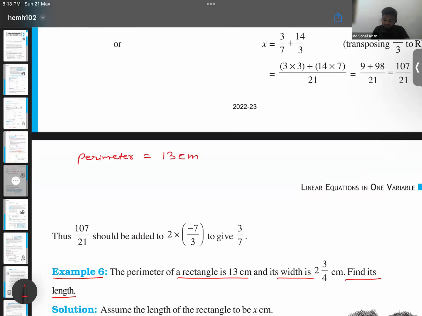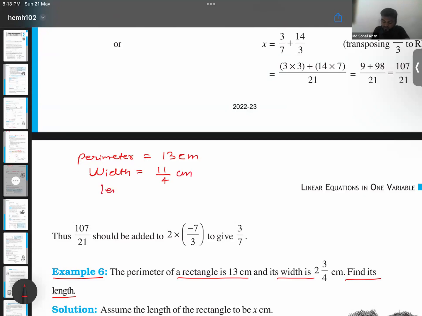Yes, okay. And what else is given here? Width is given, no? Yes, with 2 3 upon 4. Okay, that can also be written as 11 upon 4 centimeter. No issue in that. Into proper fraction, it can be written like that.